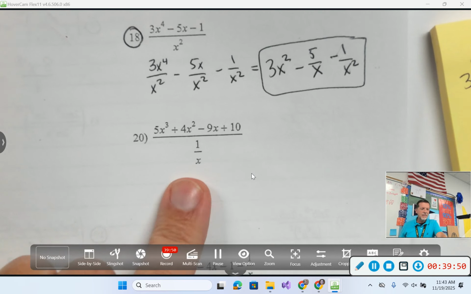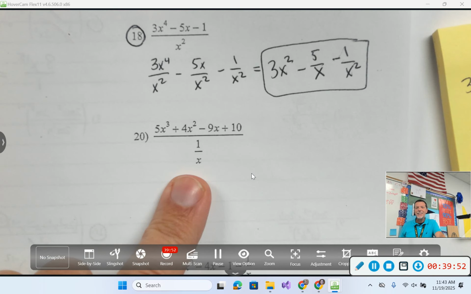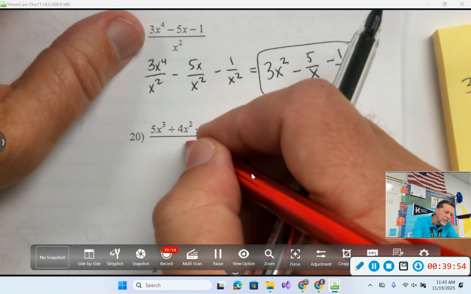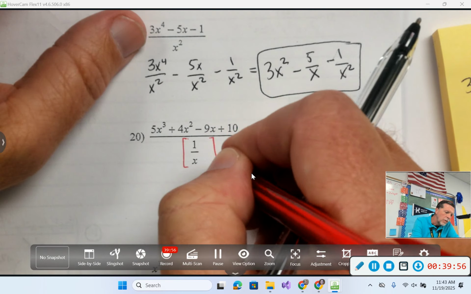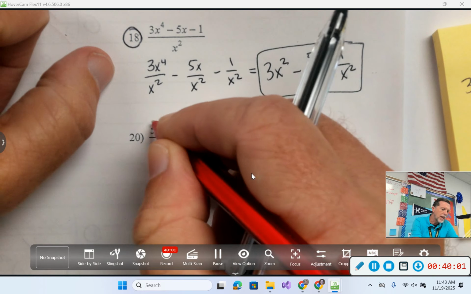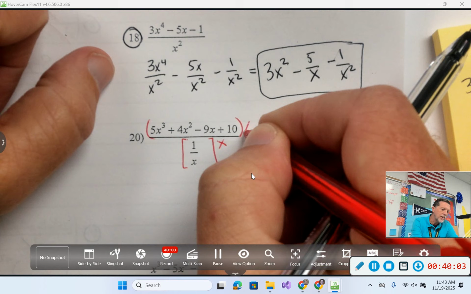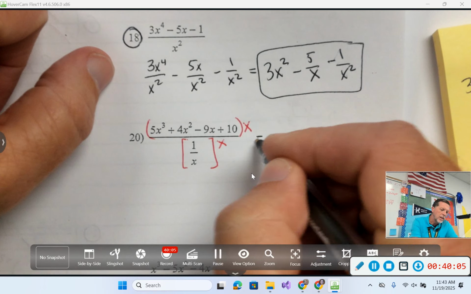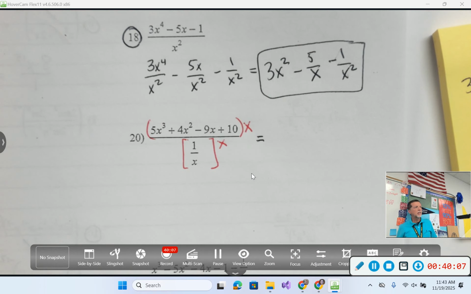And the 1. Yeah, fraction in a fraction. We don't like that. So I could clear that out. What would I need to multiply by to cancel that x? An x. But I can't just multiply the bottom by x. I'd also have to multiply the top by x. It's a little excessive.